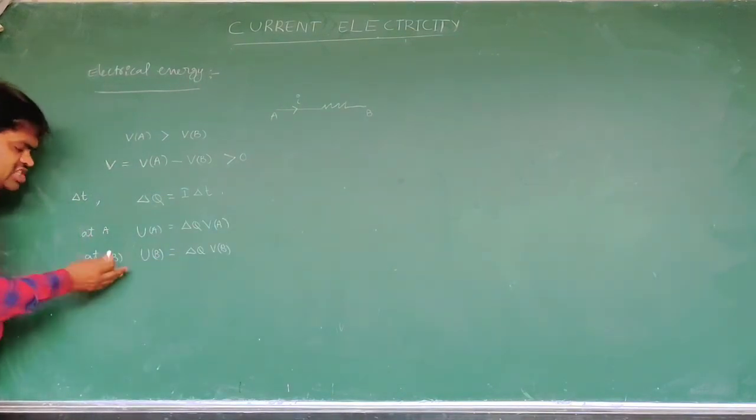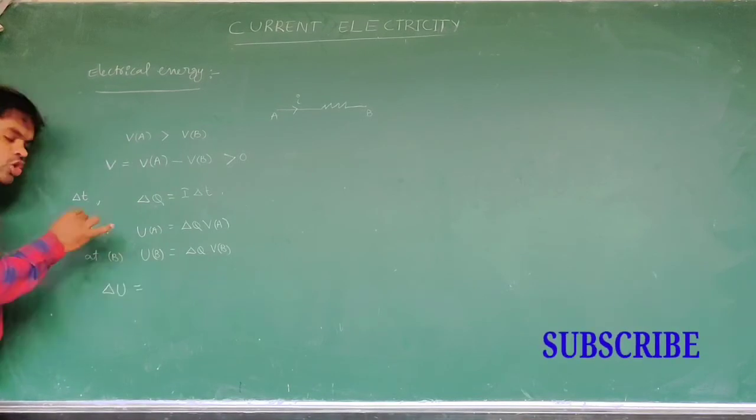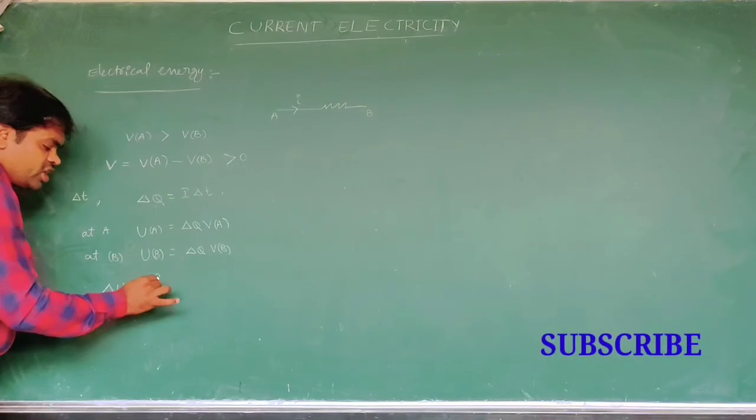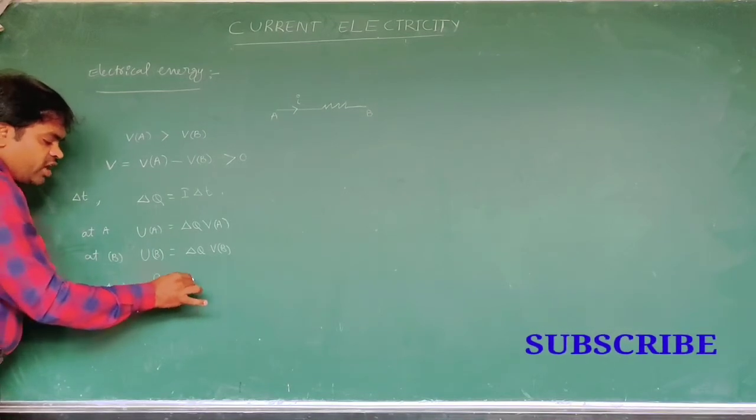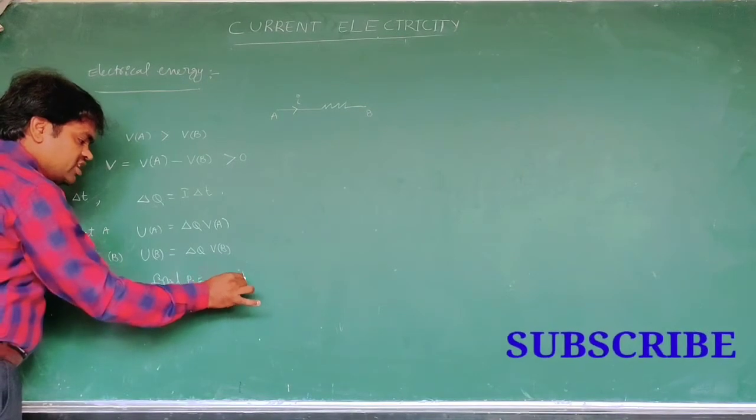Now the change in potential energy delta U is equal to the final potential energy minus the initial potential energy.